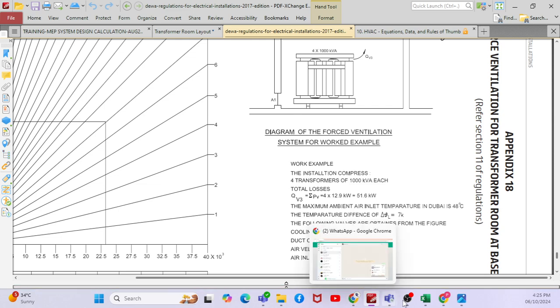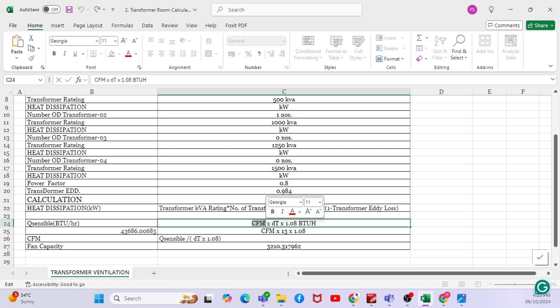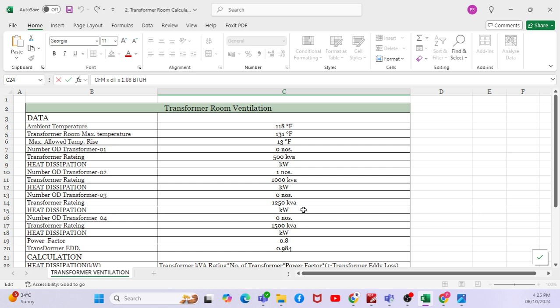Now if you go to the equation, we know the heat dissipation, right? And we know the delta T. So the balance is CFM. The CFM is sensible heat divided by delta T divided by 1.08. Delta T is 7 degrees Kelvin.